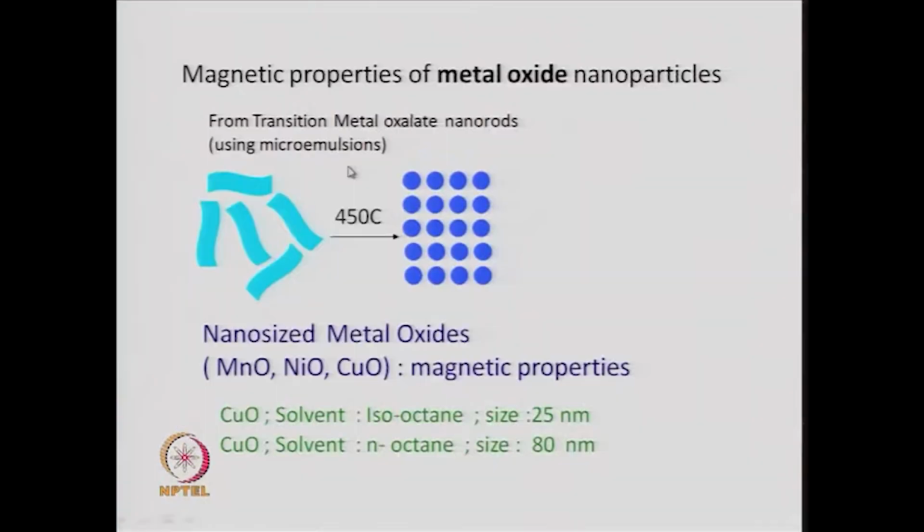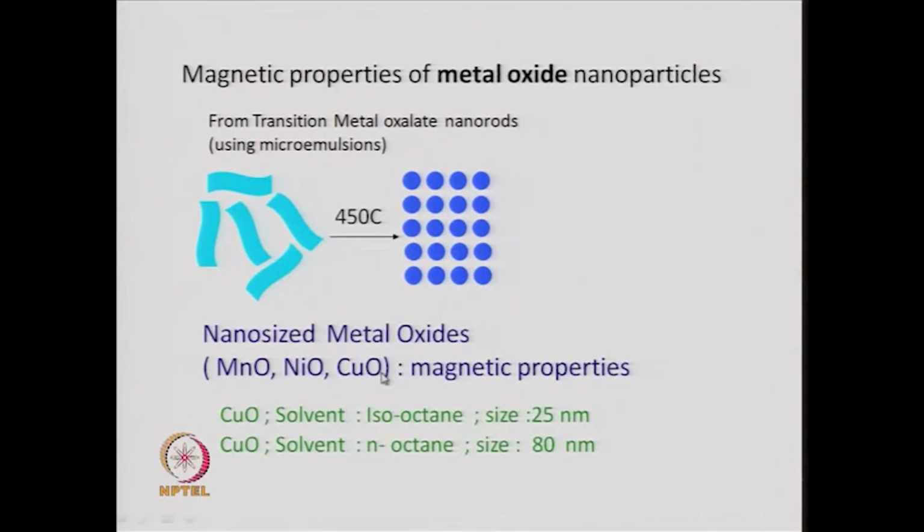So, depending on the methodology, whether you take in the microemulsion isooctane or normal octane, you can get the resultant oxalates of different size and shape, and you will ultimately on decomposition get different sized particles of copper oxide.